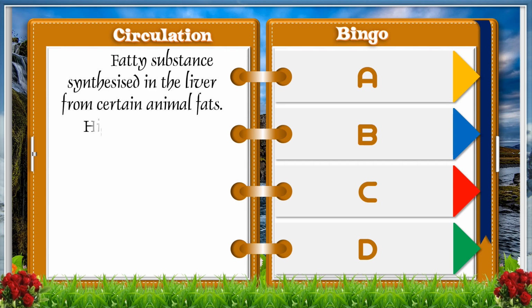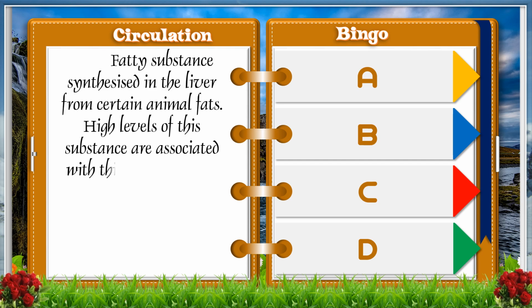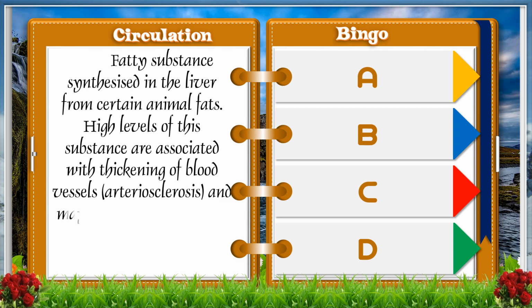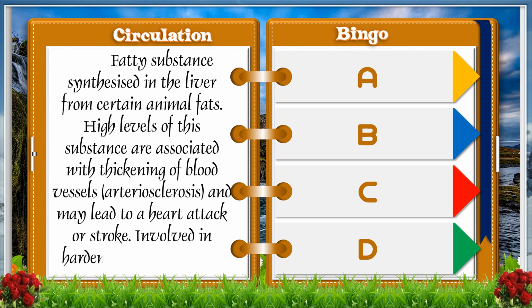Fatty substance synthesized in the liver from certain animal fats. High levels of this substance are associated with thickening of blood vessels, or what we call arteriosclerosis, and may lead to a heart attack or stroke, involved in hardening of the arterioles.